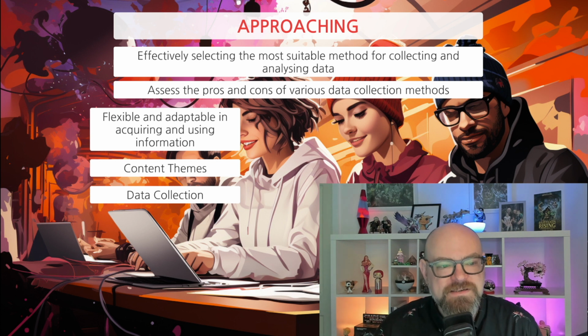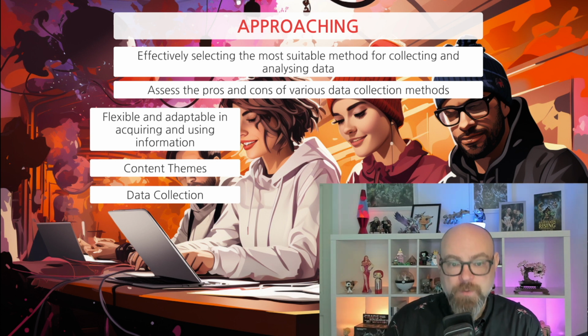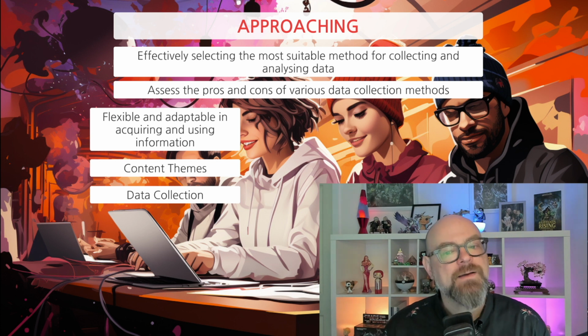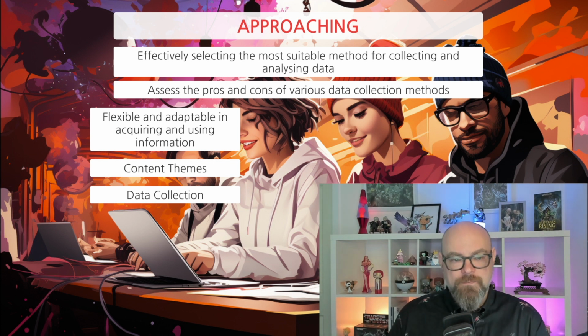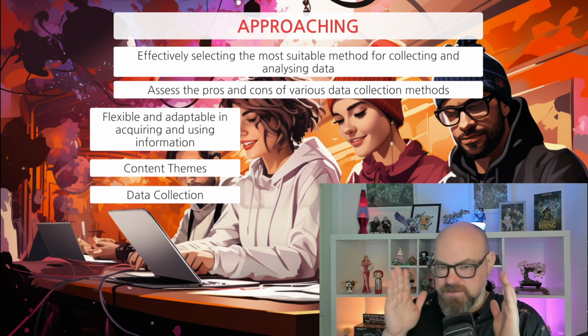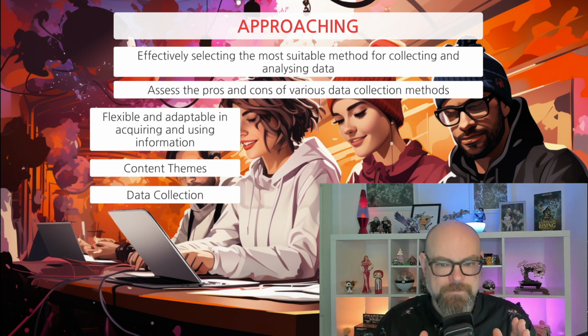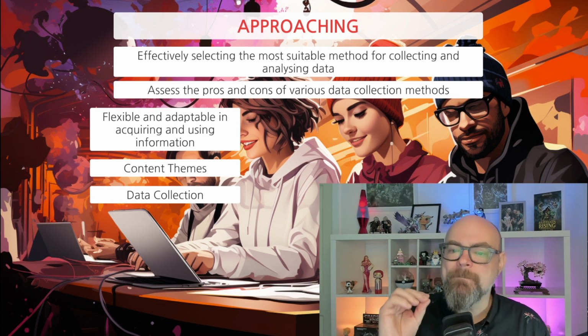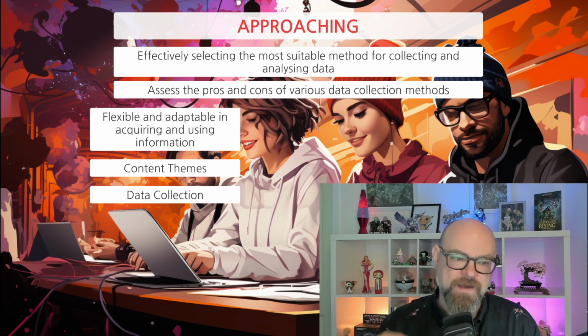So, the first step in using the skill of approaching is to select your content themes. This means that as the content creator, you can make informed choices about the types of content that you will create. You look carefully at your media niche and see what content is already being produced. And then you think about your audience, what platforms you'll be using, what messages you want to convey, and the most effective ways of communicating it.